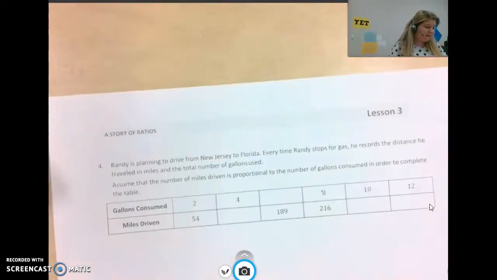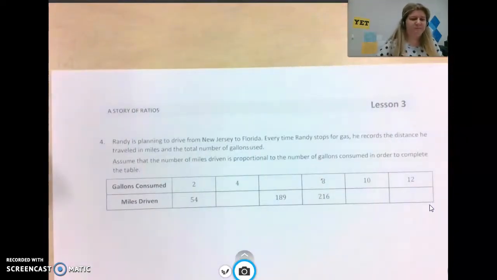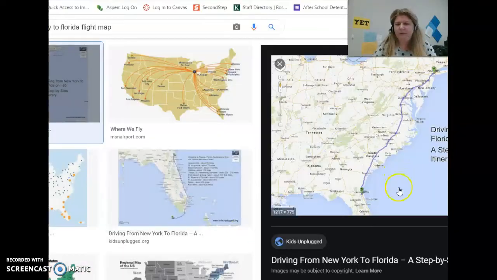So, Randy is planning to drive from New Jersey to Florida. I did a quick little Google search. Here is a map right here that goes from New Jersey to Florida. Actually, this is New York to Florida. New Jersey's up in here, close somewhere. Okay, I found it. Here's New Jersey.